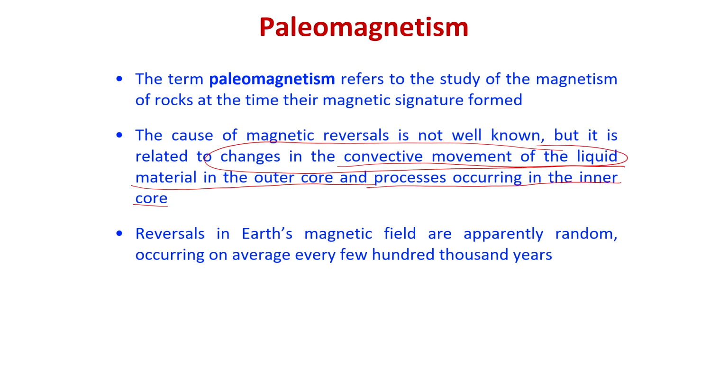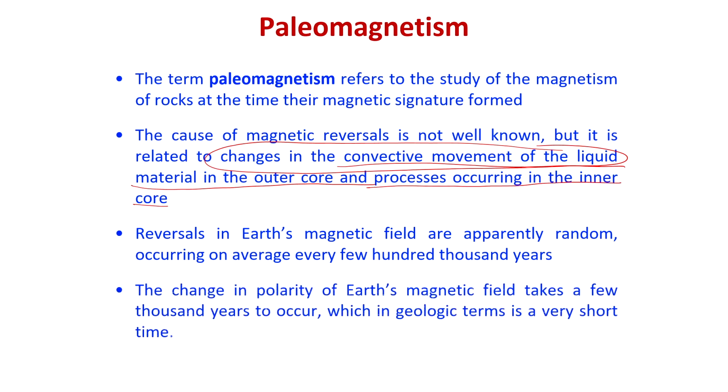That means either the convection currents slow down, which reverses the magnetic field and reverses the poles, that is south to north and north to south. That may be one of the reasons. The change in polarity of Earth's magnetic field takes a few thousand years to occur, which in geological terms we can say is a very short time.